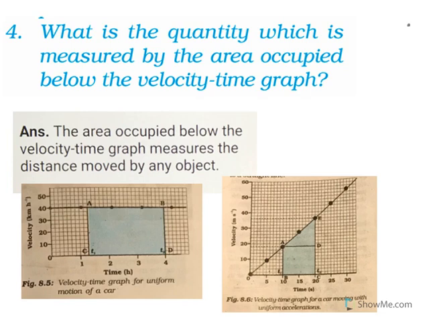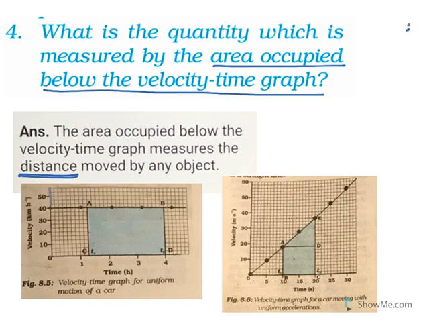What is the quantity which is measured by the area occupied below the velocity time graph? The area occupied below the velocity time graph measures distance moved by the body.